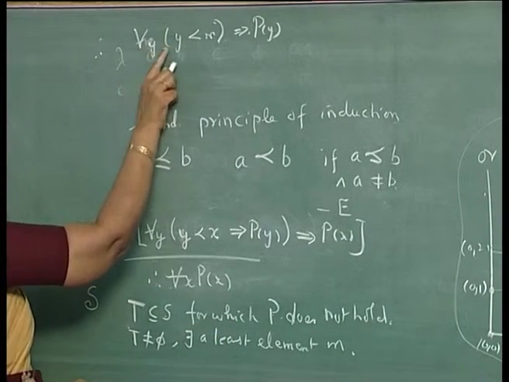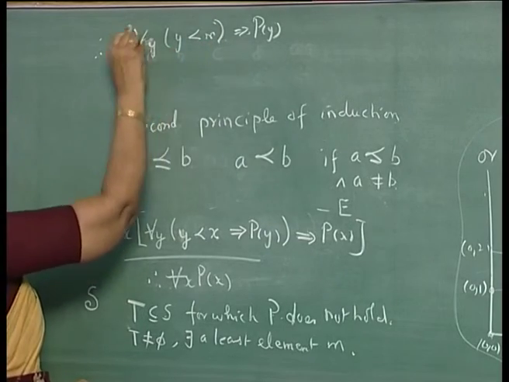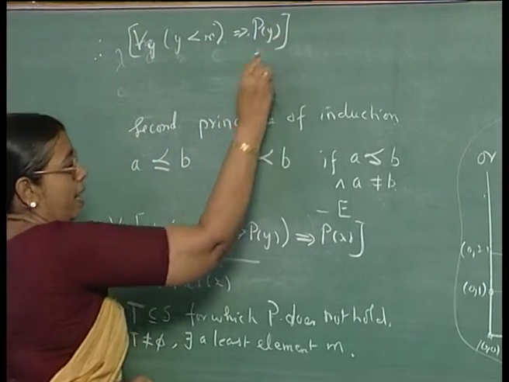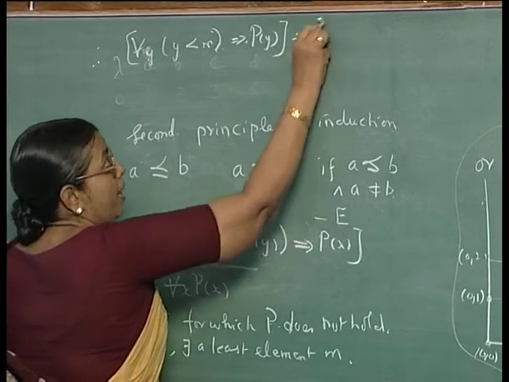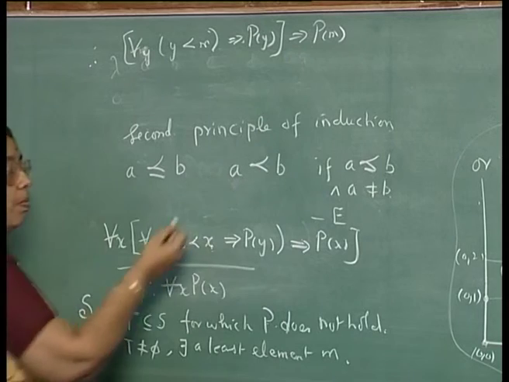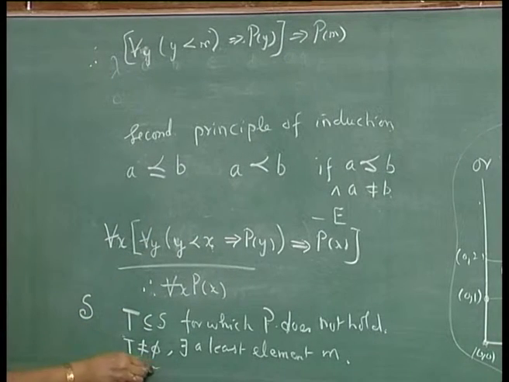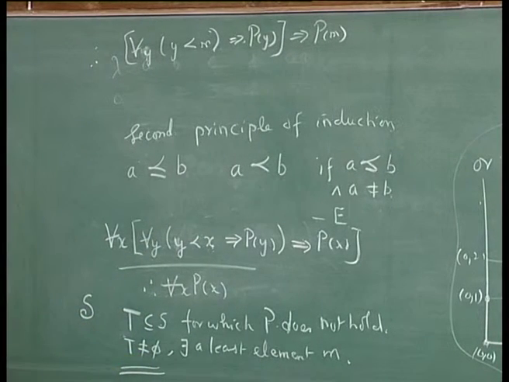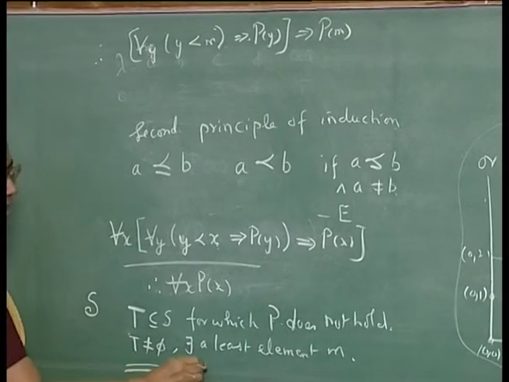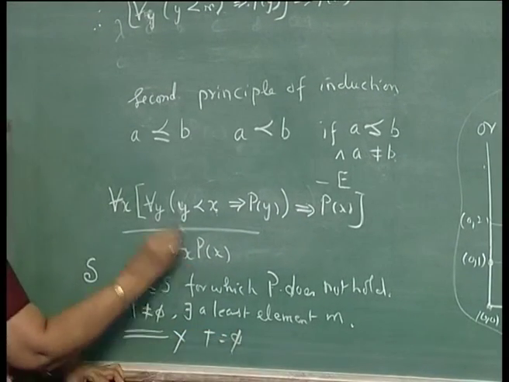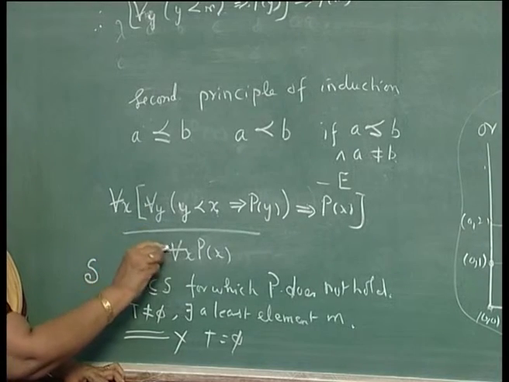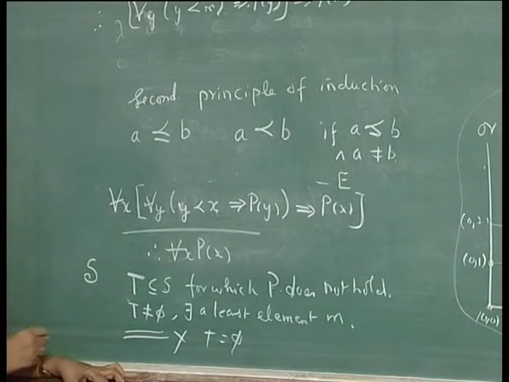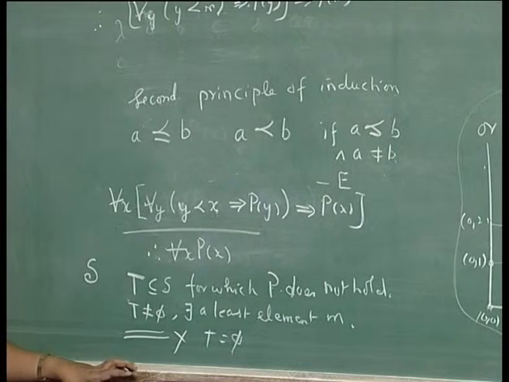So, for all y, if y is less than m, the property holds, and because this is true, this will imply P of m will be true. Okay. So, T is the non-empty set is not correct, T will be empty. So, if you are able to prove this premise, the conclusion follows in the case of well orders.